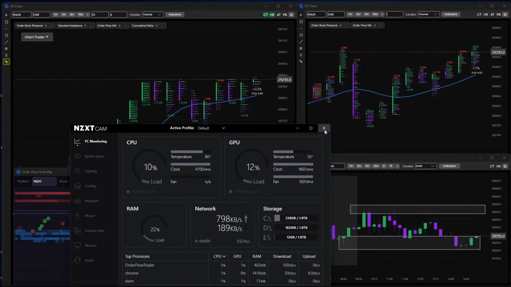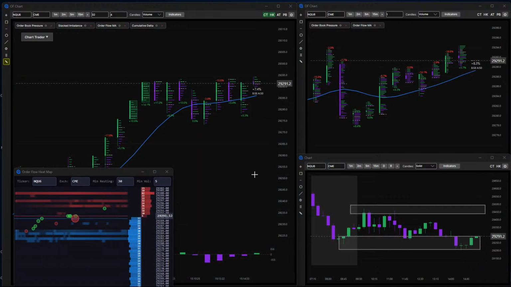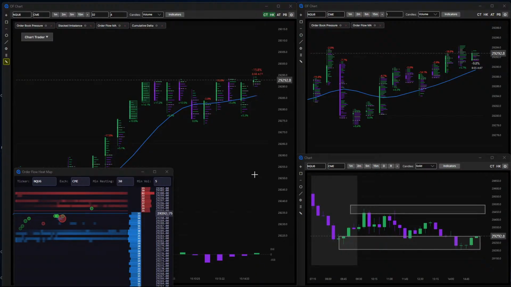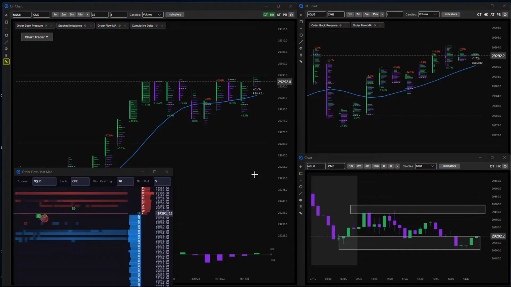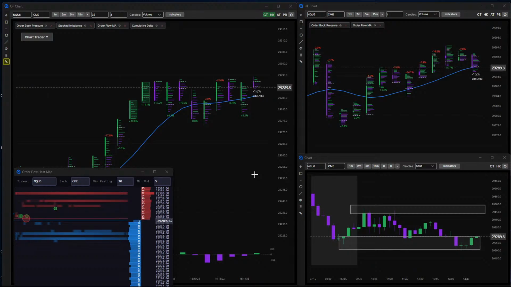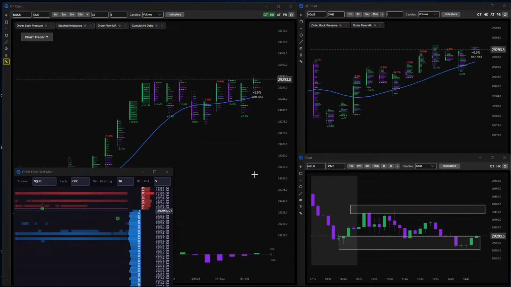I had to do this because I was running Parallels on my MacBook Pro, where I do a lot of my development, and oh my word, it was not good. Also, there's another issue I need to look up. It happened the first 5 minutes today. The charts froze up. I don't know if it was CME getting clogged with all the orders or if it was my system that was clogged.